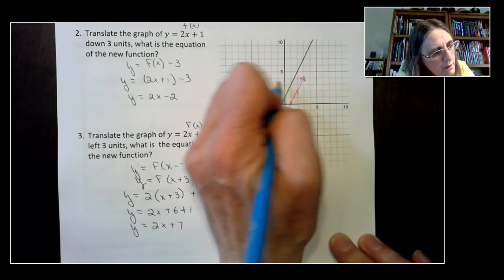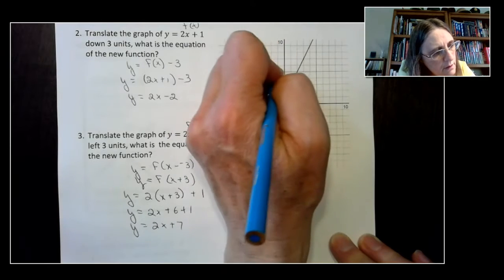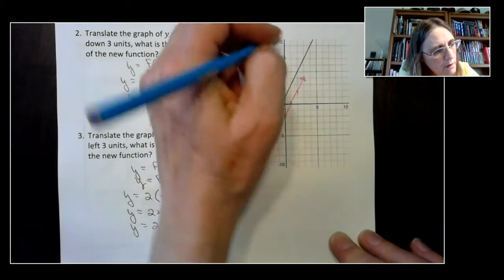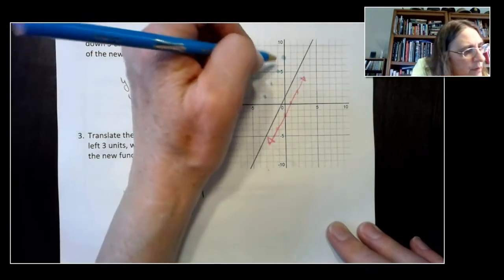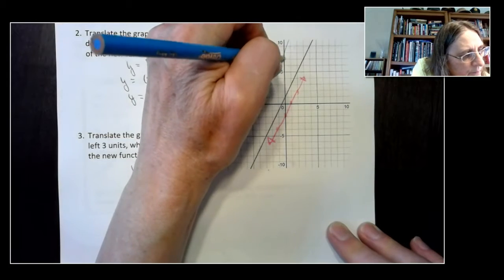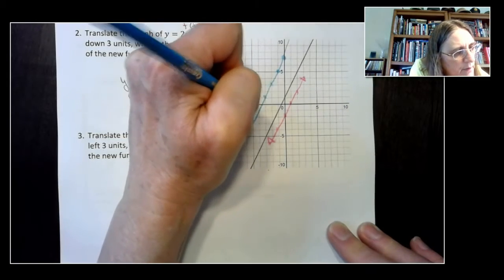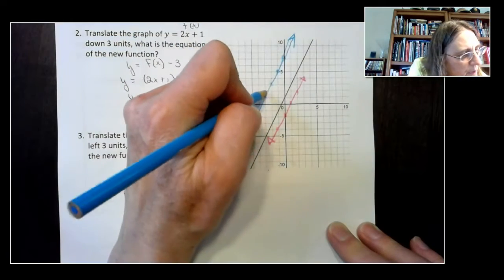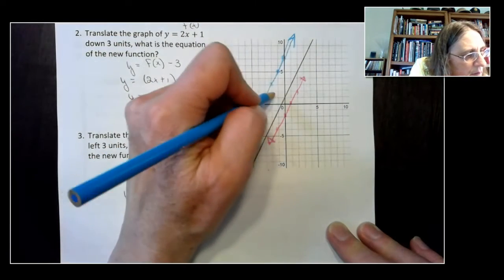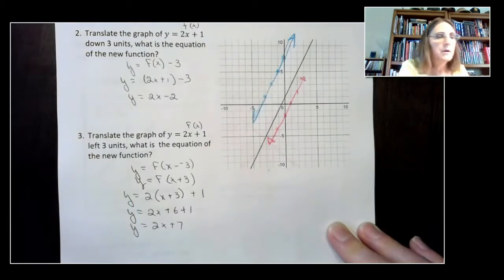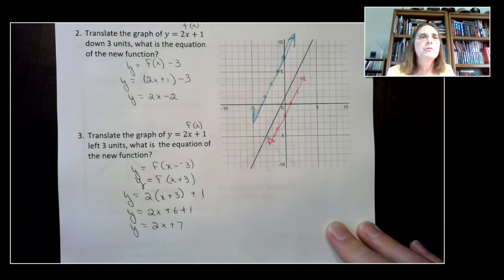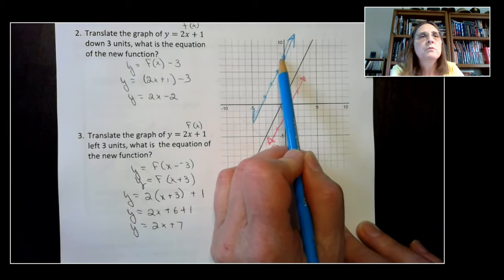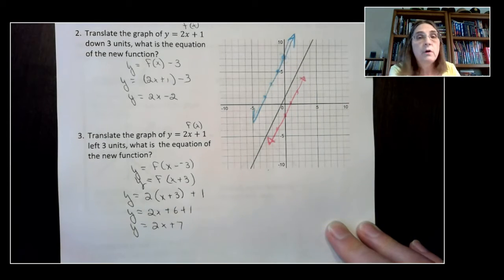And our new graph is right here. So it's parallel again, has the same slope, and this time we see that our y-intercept is 7, which is what we expected from our equation.